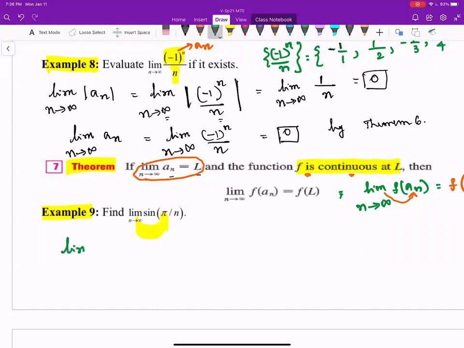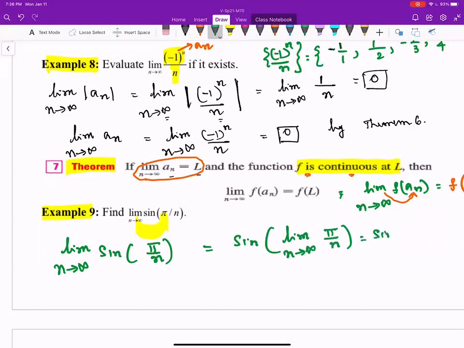So the limit as n approaching infinity of sine of pi over n is sine of the limit as n approaching infinity of pi over n. Pi is a constant. n is approaching infinity. So a constant divided by infinity, because you are dividing a constant by a very large number, this has to be 0. But what is sine 0 equal to?